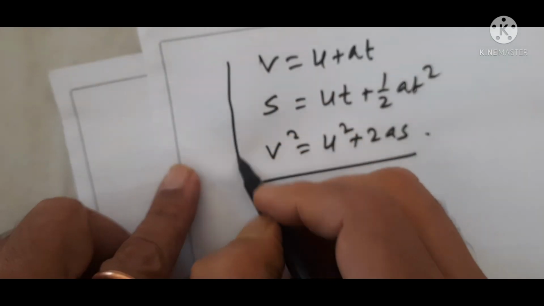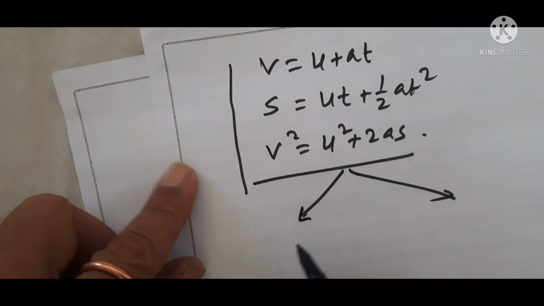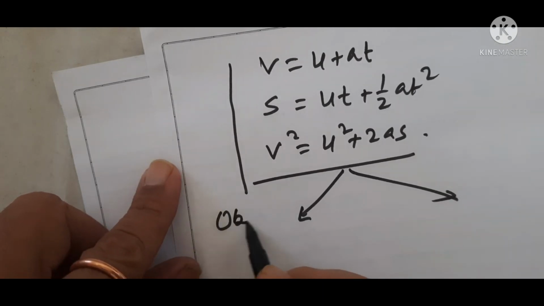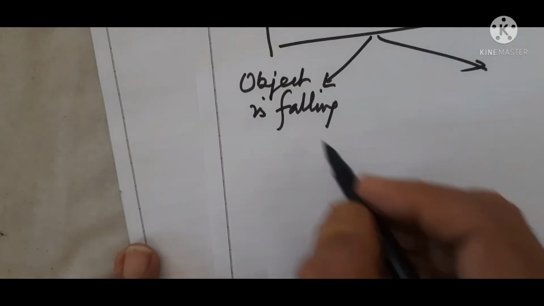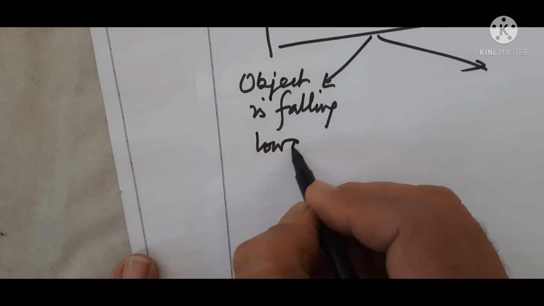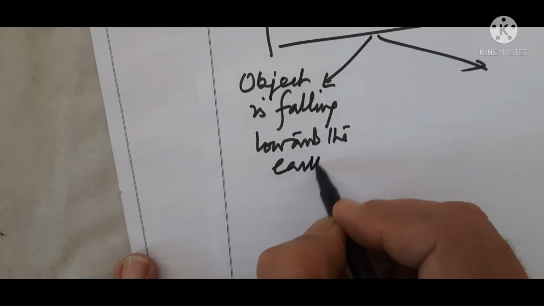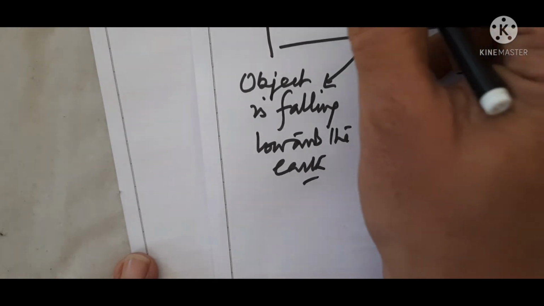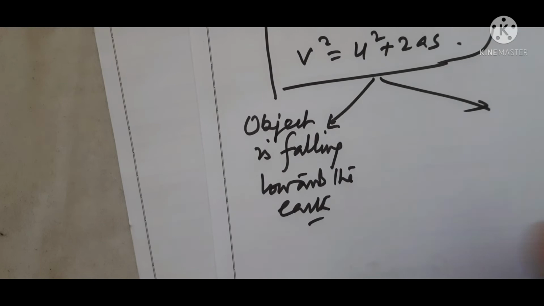Now just see two parts. If the object is falling towards the earth, then I will write these three equations in this manner.